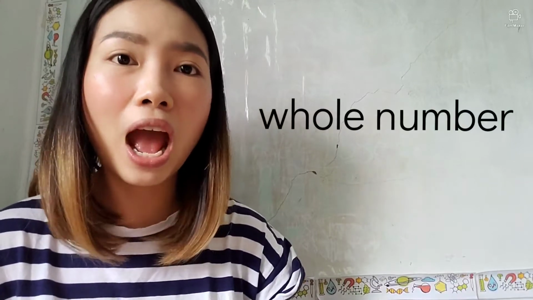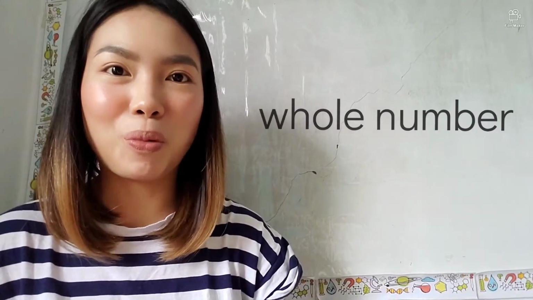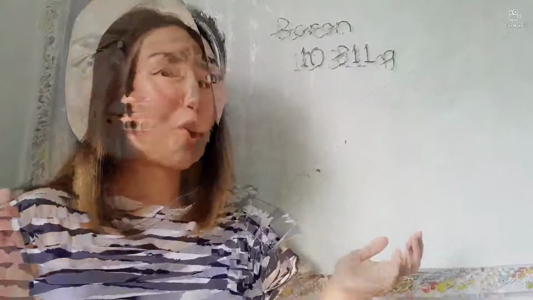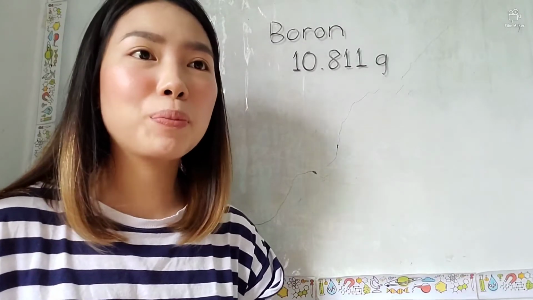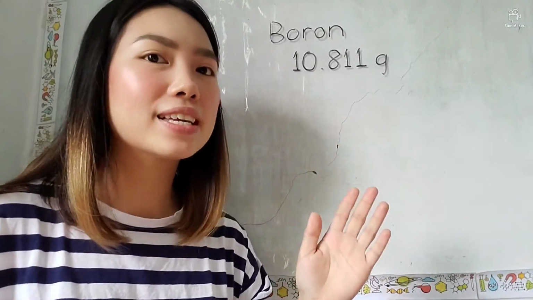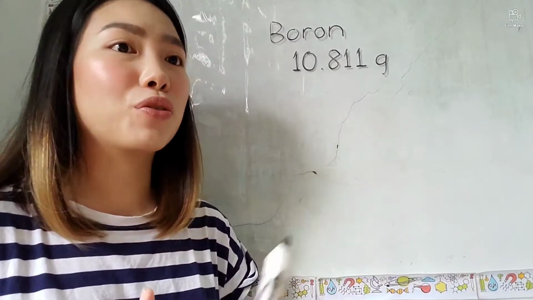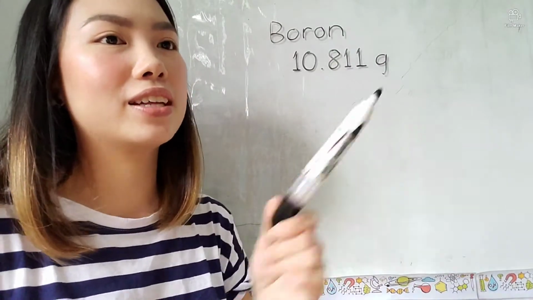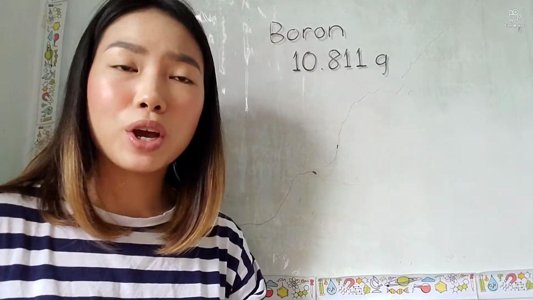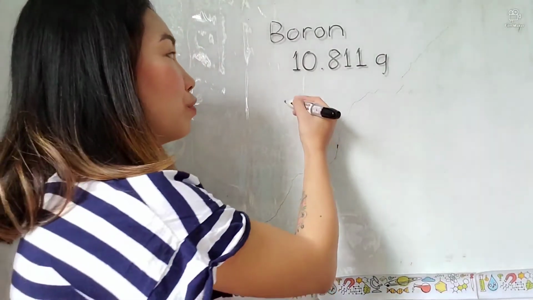So, meaning to say, kailangan yung atomic mass na gagamitin mo para makuha ang neutron ay dapat naka-whole number at walang decimal point or decimal places. For example, again, I will use the element boron. So, boron has an atomic mass of 10.811 grams.